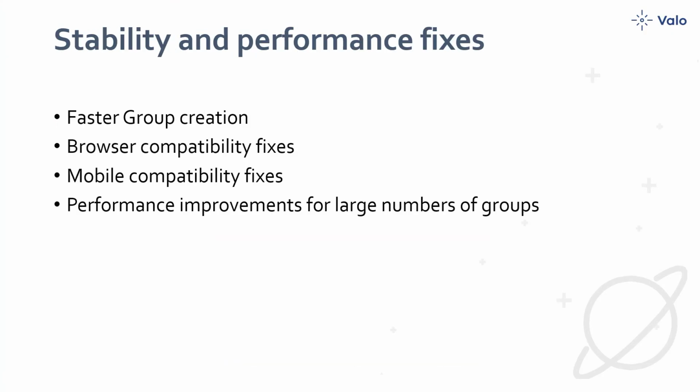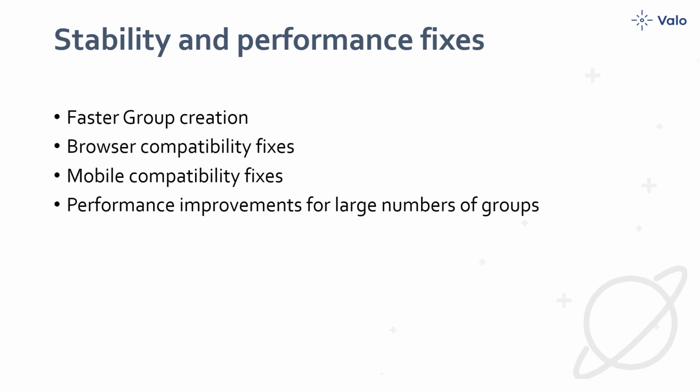In addition to those two big feature improvements that we have put into Valo Teamwork version 1.18, we have also included a big number of bug fixes and stability and performance enhancements with Valo Teamwork 1.18. For a more detailed list of these, please go to the release notes and have a look at the detailed list of bug fixes and other technical information of 1.18 release.